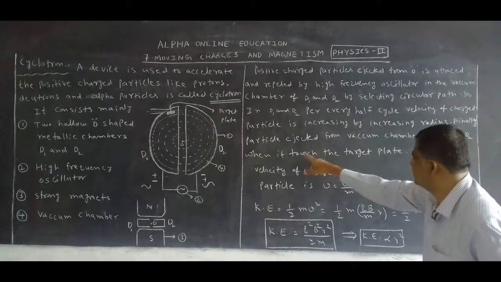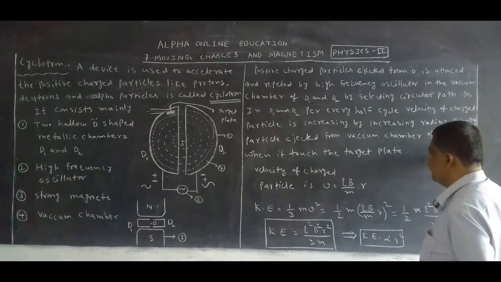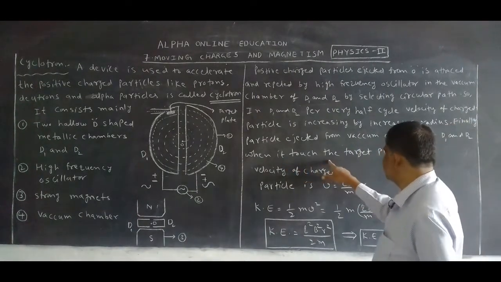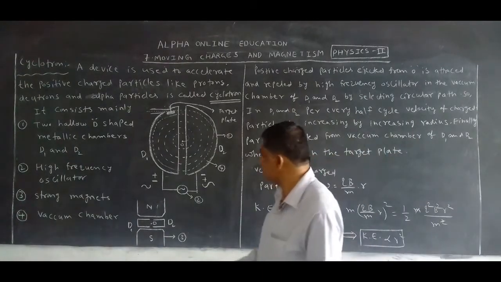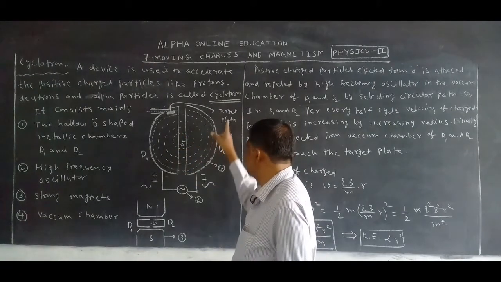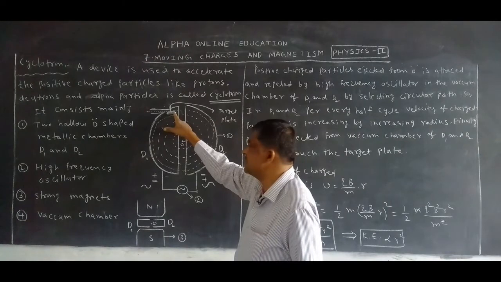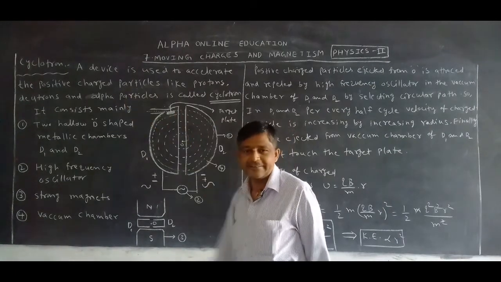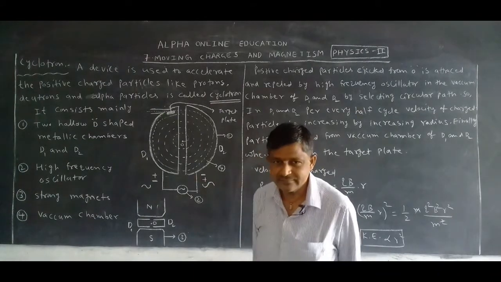Finally, the charged particle is ejected from the vacuum chamber of D1 and D2 when it touches the target plate. Per every half cycle velocity increases, radius increases, and it reaches which one? The target plate. When it touches the target plate, it comes outside with a high velocity, with high energy.